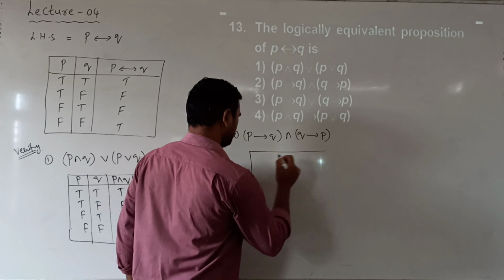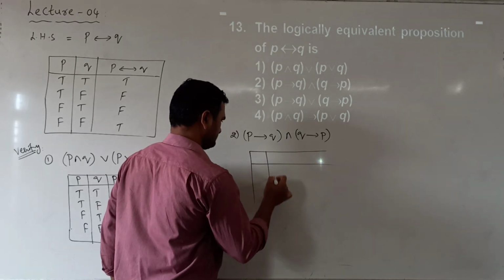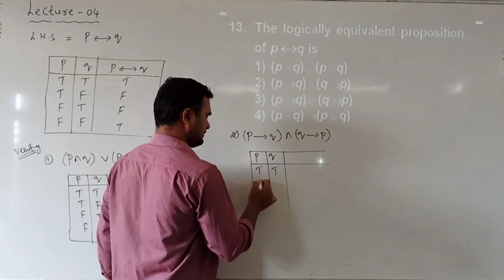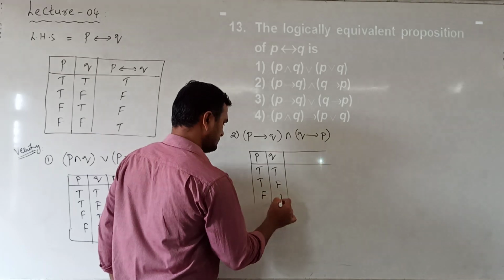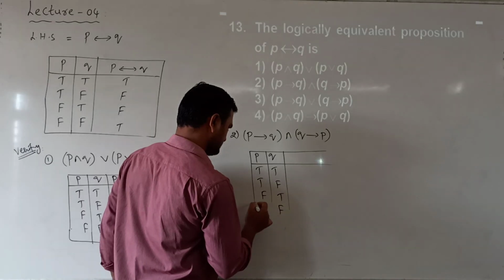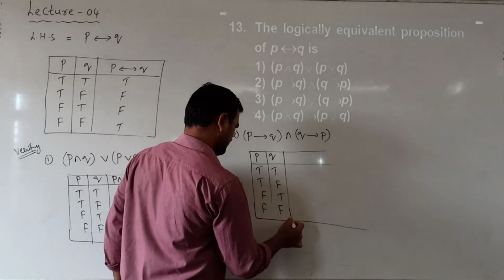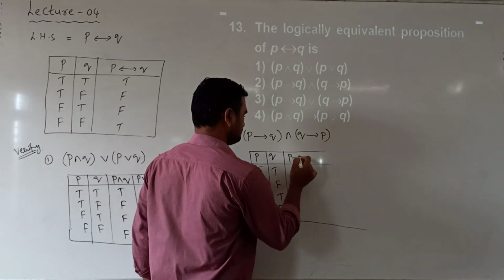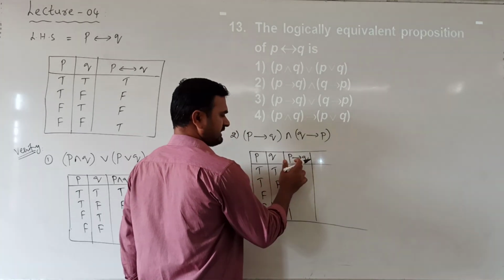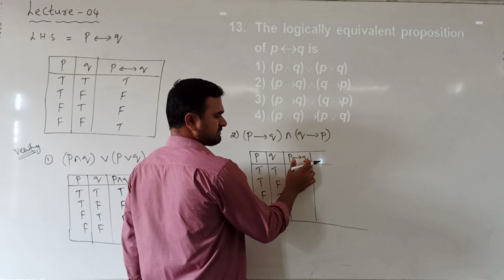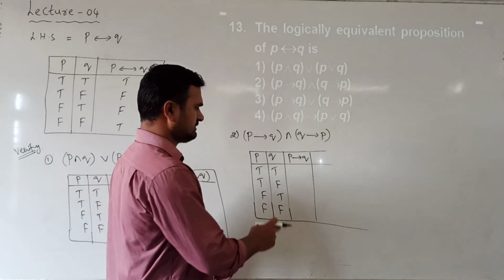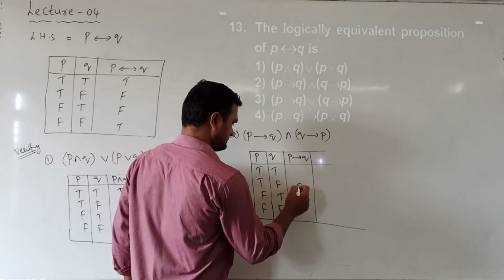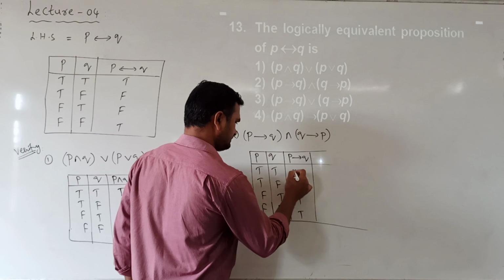Let us take the two simple statements P, Q with truth values both true, true false, false true, false false. First, P implies Q. In an implication, if the first statement is true and the second is false, the implication is false. First statement is P; in that case it is false, and in the remaining cases it will be true.